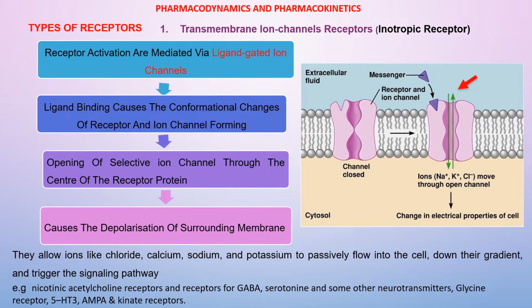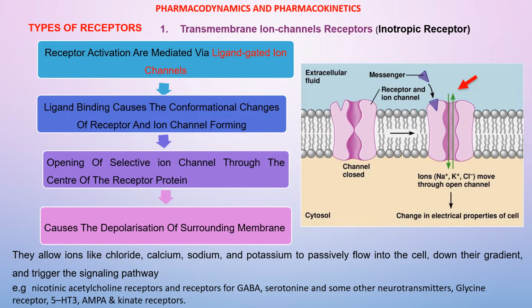Ion channel receptors. These are transmembrane receptors. The binding of the ligand to the receptor brings about conformational changes and opens up the otherwise closed ion channels. This leads to movement of ions like sodium, chloride, calcium, potassium across the cell membrane, creating a gradient across the cell membrane.